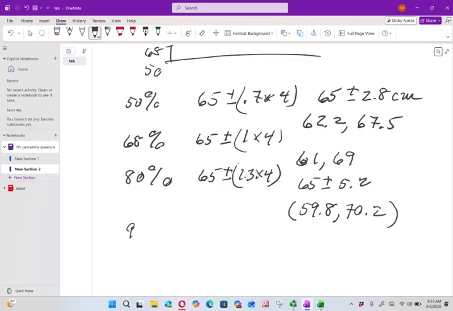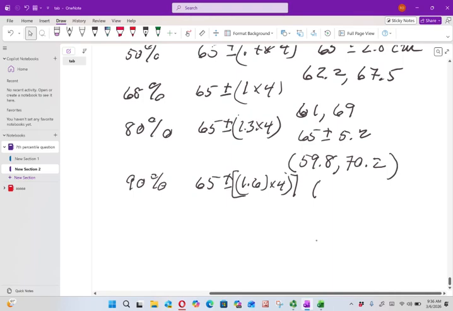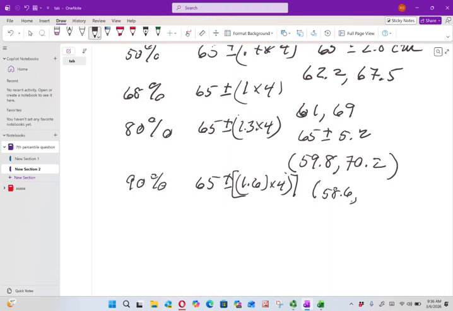There's a 90% in there. 90% bet. 65 plus and minus 1.6 times 4, which as an interval is 58.6 to 71.4. The only thing that changes in all of these bets are the odds.